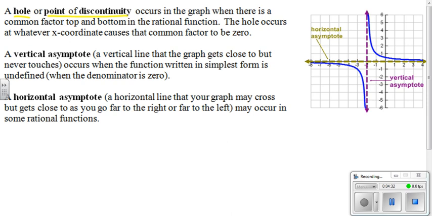Whatever that x value is, that's where the asymptote is. And a horizontal asymptote is a horizontal line where the graph will never get to. It gets very, very close to it, but because of the way the equation is set up, it will never actually be equal to that amount.